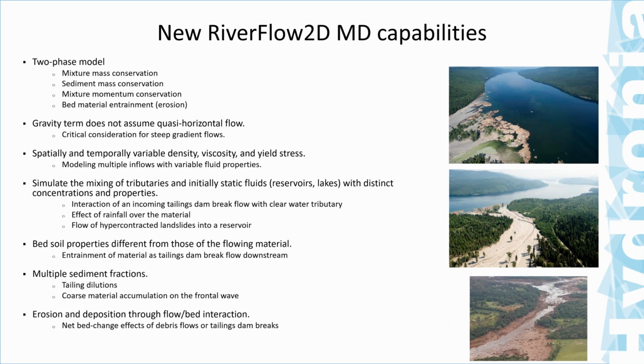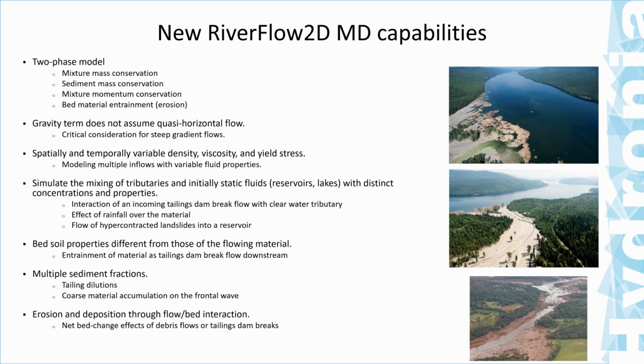So we can also model now the mixing with static fluid. So you can have a landslide getting into a reservoir, and that allows also to account for the interaction of the incoming tailings with water or an initially stagnant water body.